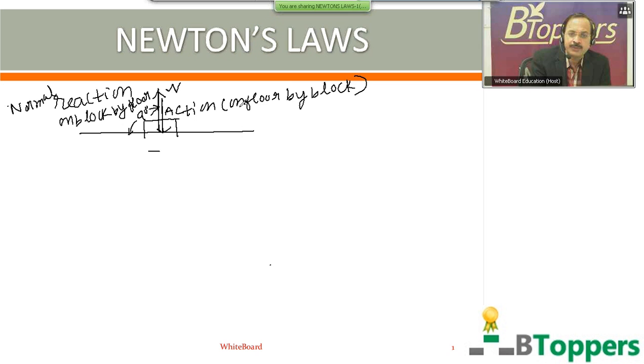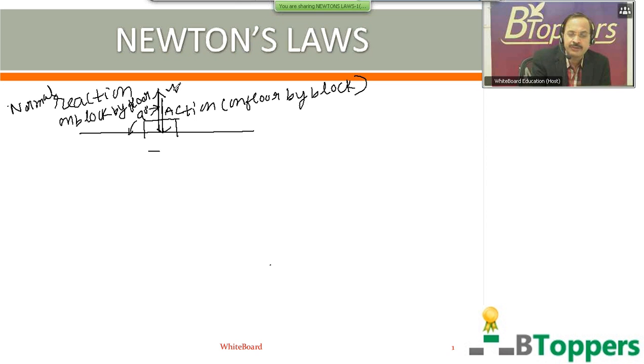So when you are asked to find the magnitude of the force on the floor by the block in any numerical problem, you have to find the magnitude of this N, that is, the normal reaction force on the block by the floor, because from Newton's law, action and reaction forces always have the same magnitude.